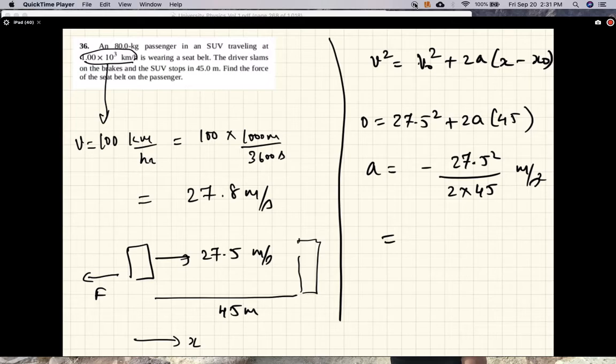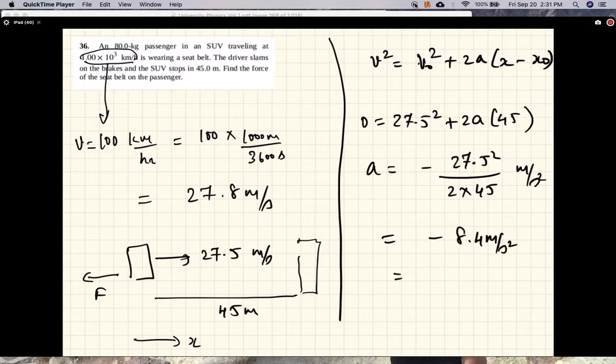Okay, so the acceleration is minus 8.4 meters per second squared.